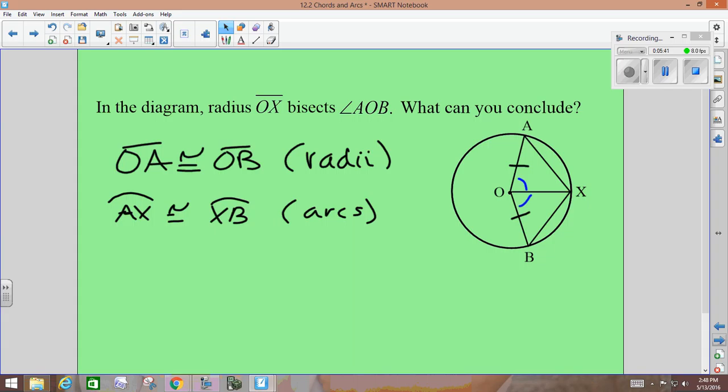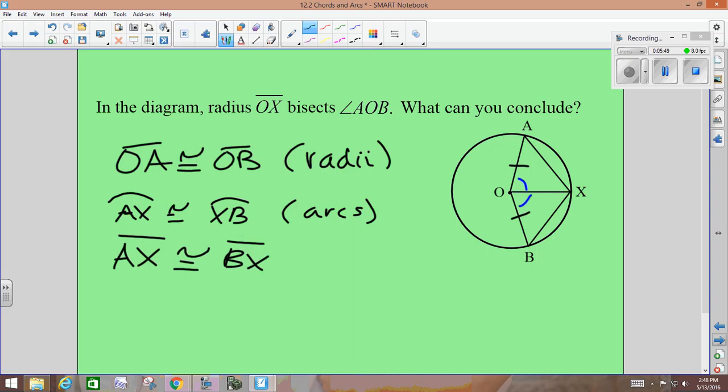Is OX a chord? Okay, so which ones are your congruent chords? Good. Segment AX would be congruent to segment BX. Those are your chords. And when you have congruent chords, then you have your congruent arcs.